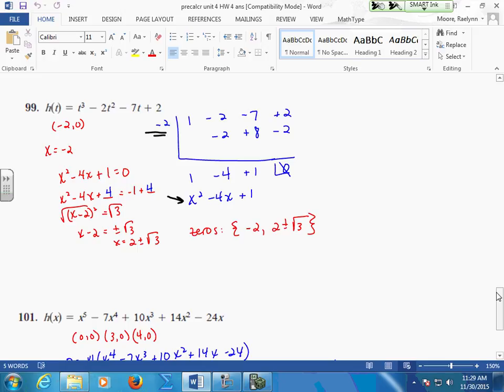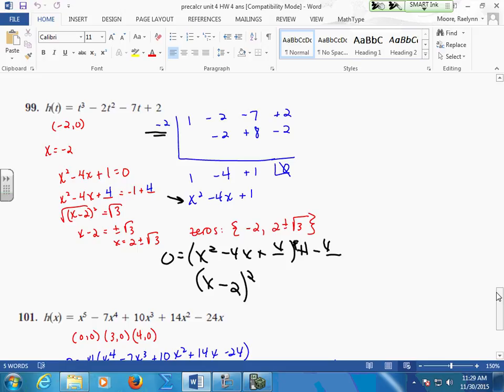At this point, you could either complete the square or do the quadratic formula. It's not factorable. If you want to complete the square, do complete the square. This works out the same. So x minus 2 squared, 4, 4. Oops, plus 1.